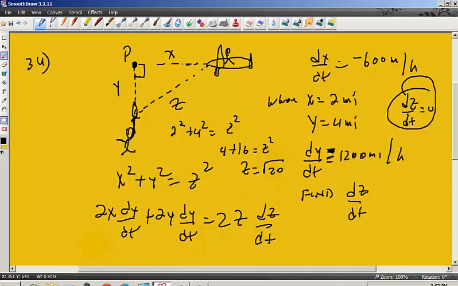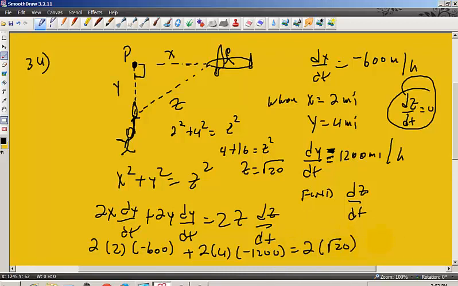Alright, let's plug it in. So 2 times negative 600 plus 2 times 4 times negative 1200 is equal to 2 times rad 20 times dz/dt.